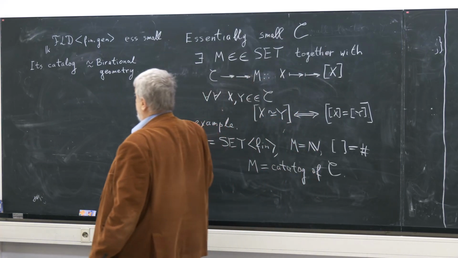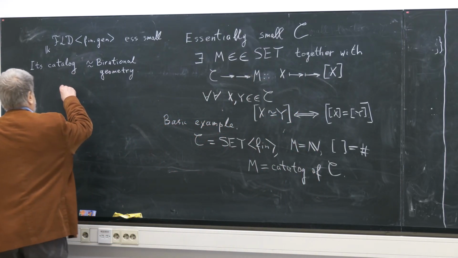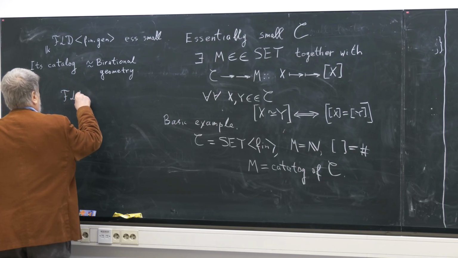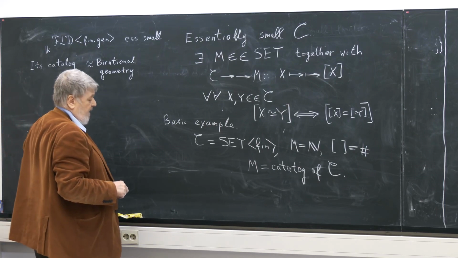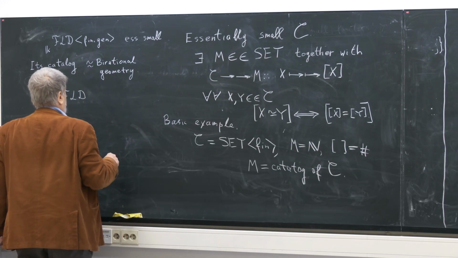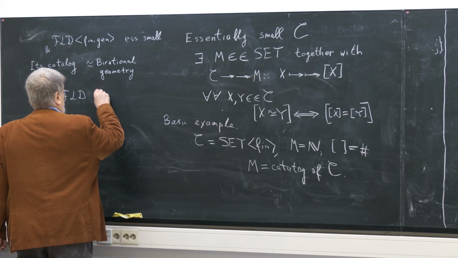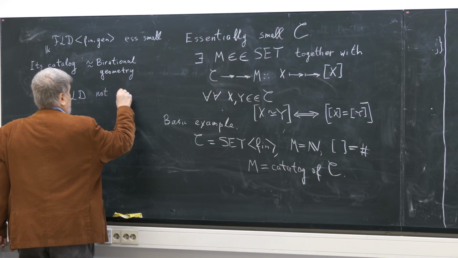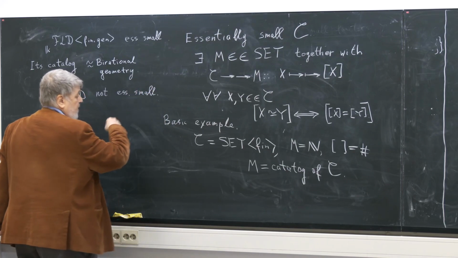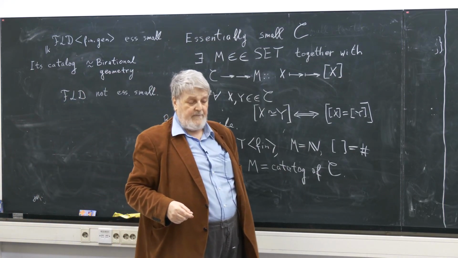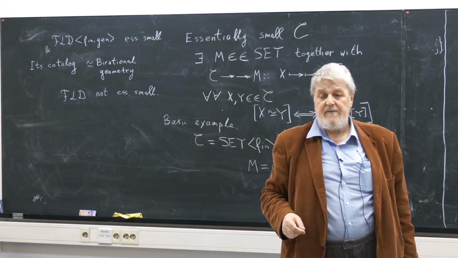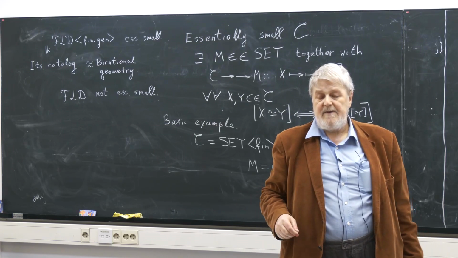So for all the fields like that, we can omit this base field. Of course, not essentially small, because we can consider fields of rational functions in an arbitrary set of variables.